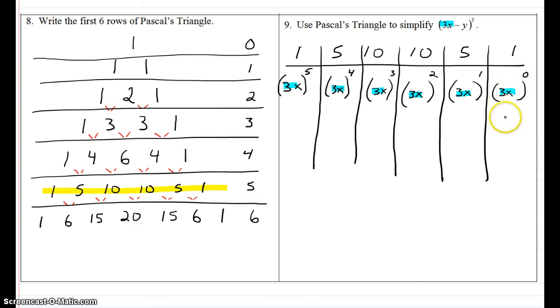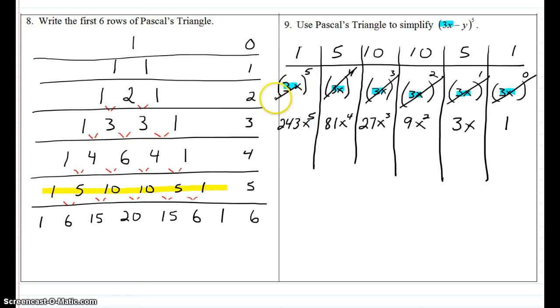Anything to the power of 0 is 1, so we simplified that. 3x to the power of 1 is just 3x. 3x squared gives us 9x squared. 3x cubed gives us 27x cubed. 3x to the fourth is going to give us 81x to the fourth, and 3x to the fifth is going to give us 243x to the fifth. So now we simplified everything we need to with the x's.